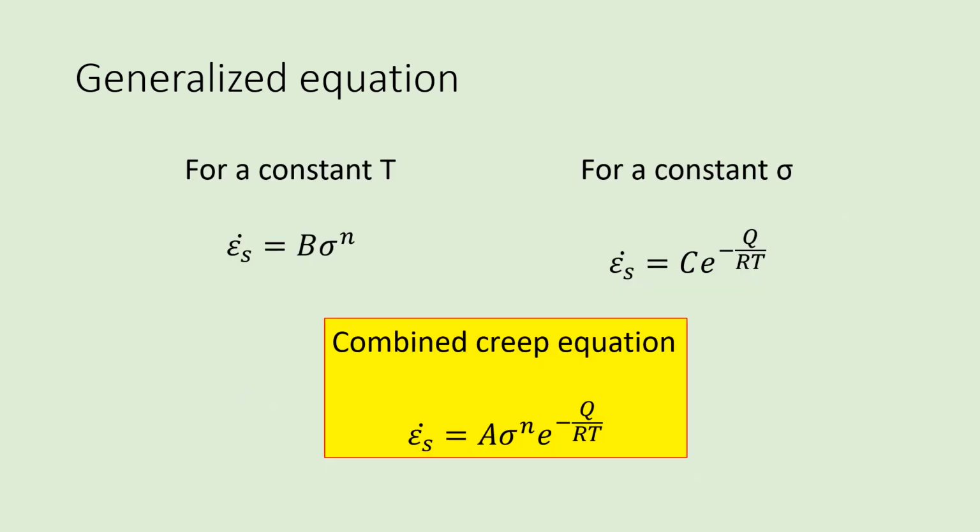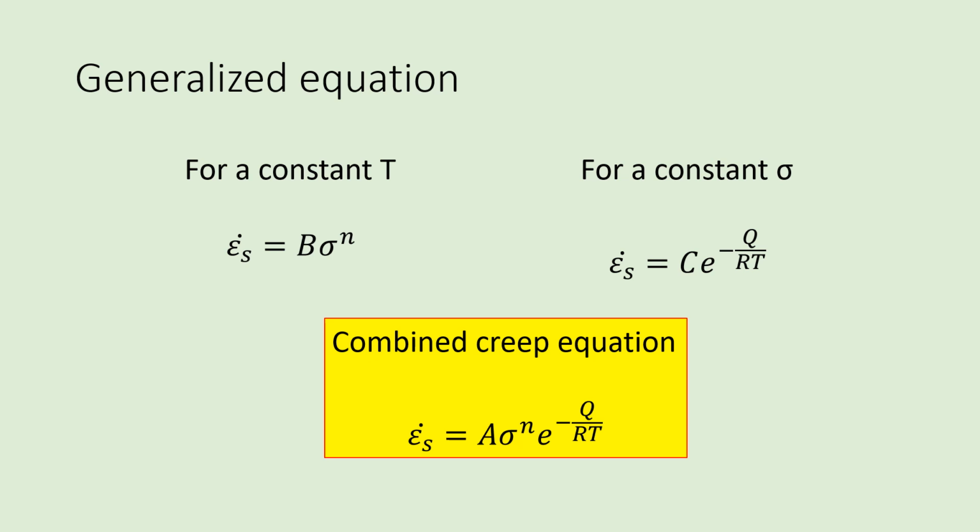You can take these two equations, for strain rate at a constant stress and strain rate at a constant temperature, to create a generalized equation that accounts for both changes in stress and changes in temperature. This combined creep equation is given in the center of the slide, and you will notice the equation depends on three constants here, A, n, and Q. All these constants need to be determined experimentally.